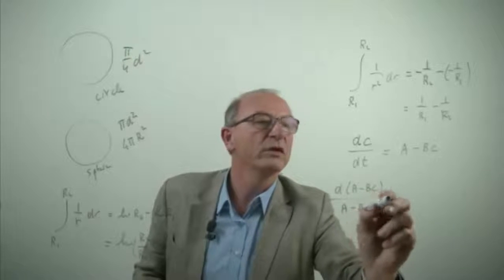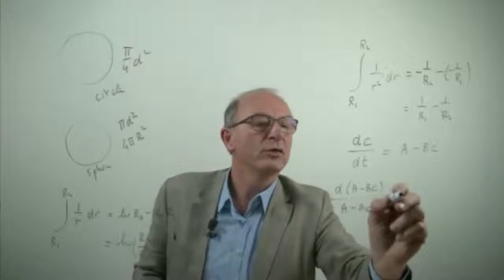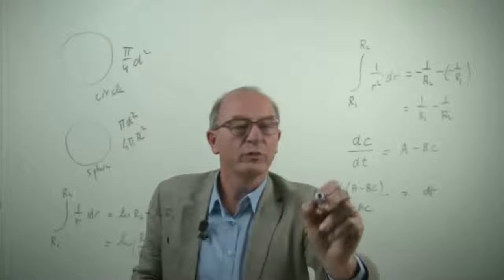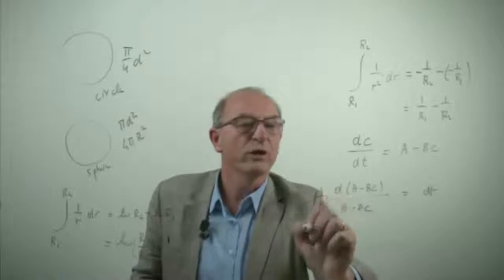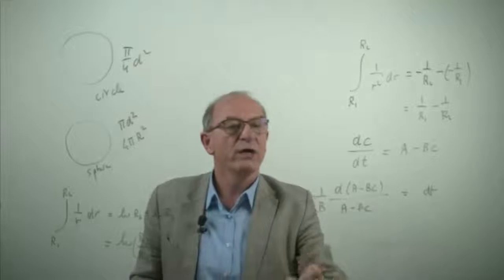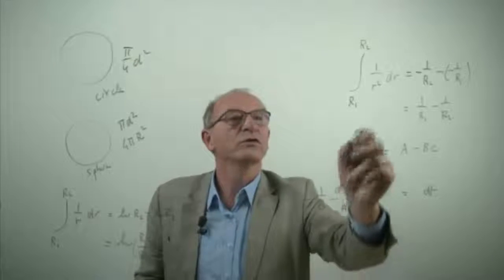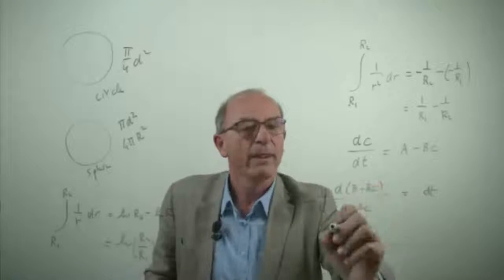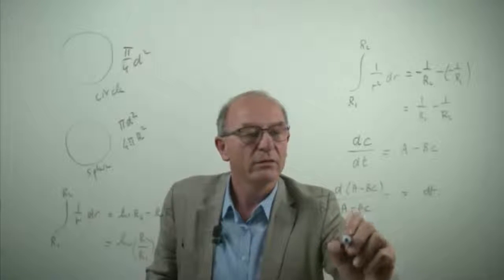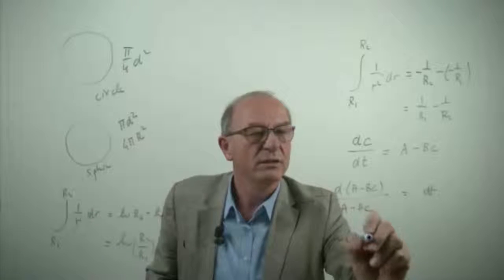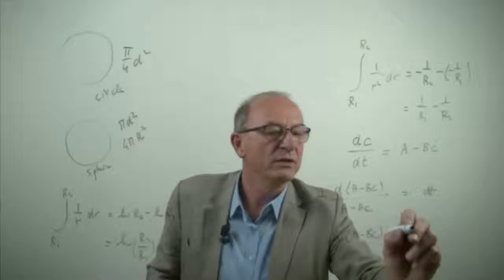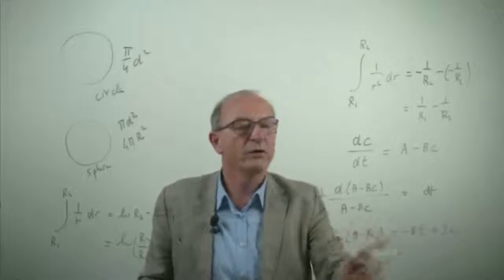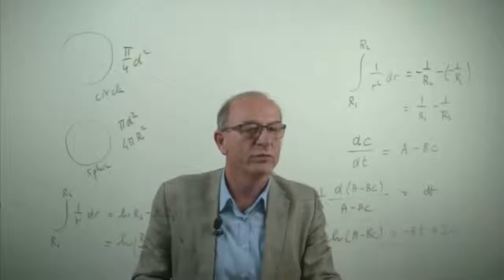But if you put it in this way, you have to realize that you have here to multiply with minus 1 over b. And in this way, you can solve it, and then, of course, you get the logarithm which I treated here. So in this case, you get ln(a minus bc) is minus bt plus an integration constant. And depending on the boundary conditions, you can solve this one.